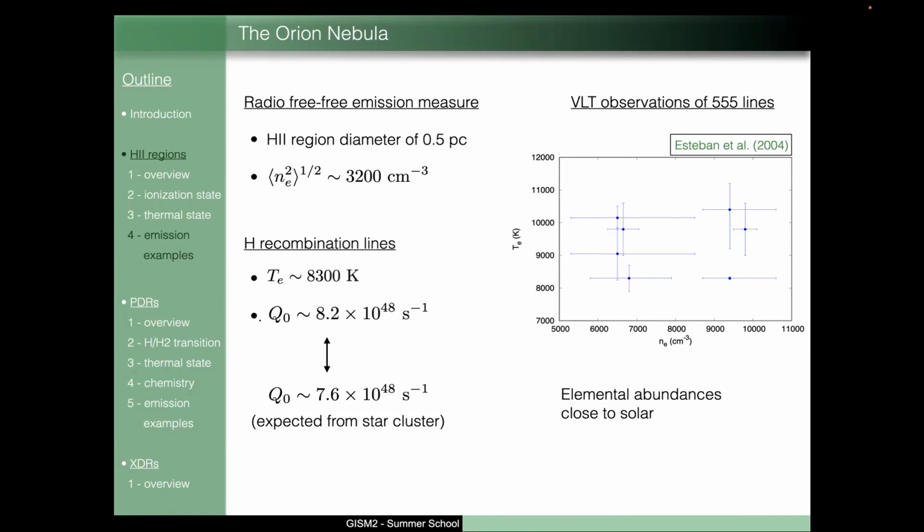And finally, from all the observations that have been performed, for instance, with the VLT, you get a lot of combinations of lines, forbidden, resonant lines, and so on, that you can use to derive the electron temperature and the density of the gas. And here are the results that have been obtained, for instance, by Esteban in 2004, which shows that the typical kinetic temperature of this Orion Nebula H2 region is about between 8,000 and 10,000 K, which is roughly in agreement with this value here, and with an electron density which varies a lot, in fact, between 6,000 and 10,000.